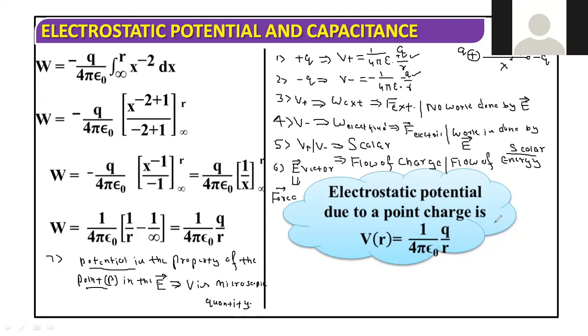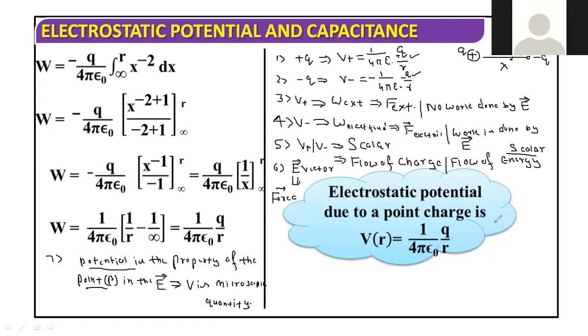And if the potential is negative, it means work itself is done by the electric field. Force is electric force, and potential is a scalar quantity because it defines the flow of energy. It defines the flow of charge because energy is scalar. So that's why the potential is scalar.